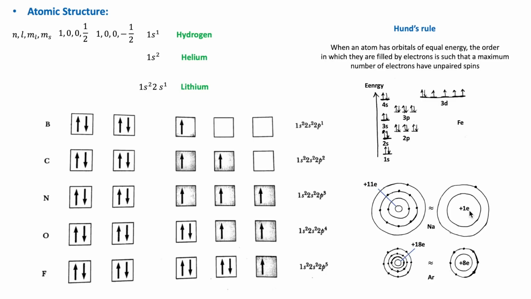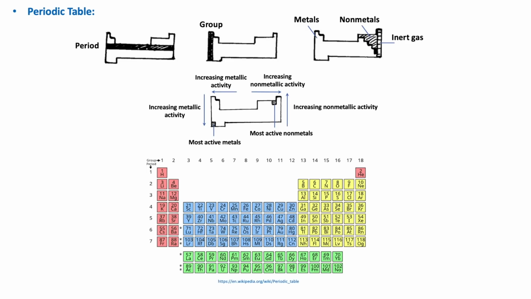So the outer single electron can easily detach from the atom, and this is why alkali metals can form positive ions of charge plus e easily. So this is why alkali metals have low ionization energy, unlike inert gases, okay?